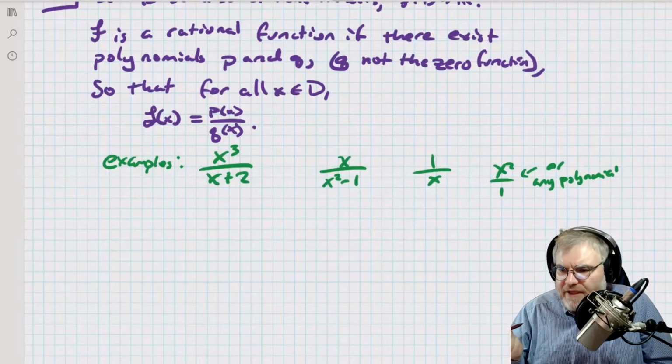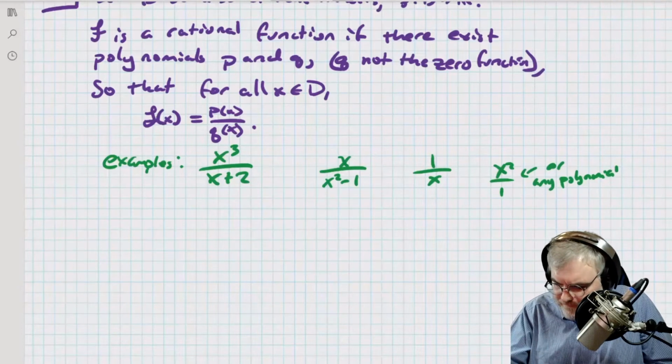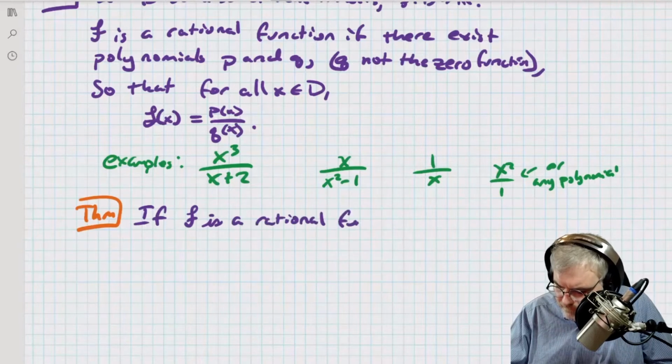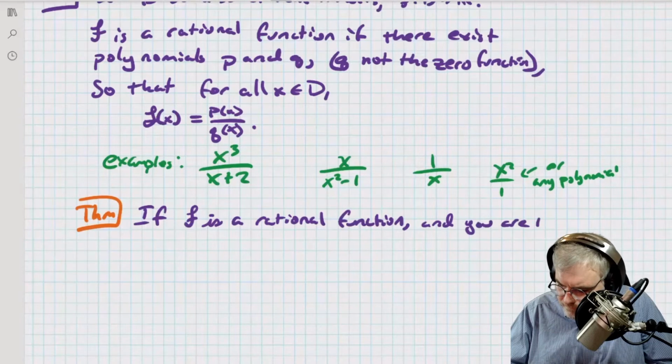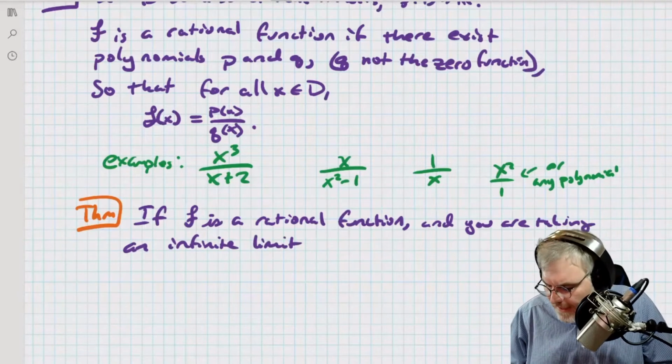Now, there are a couple things that we can apply about rational functions. Note that these things only work for infinities right now, right?